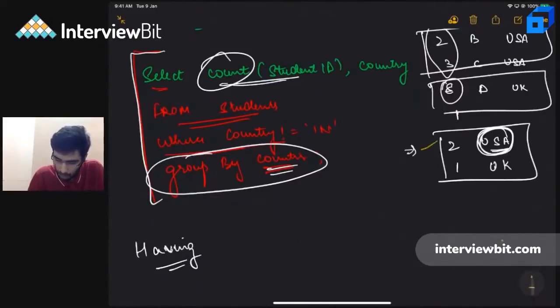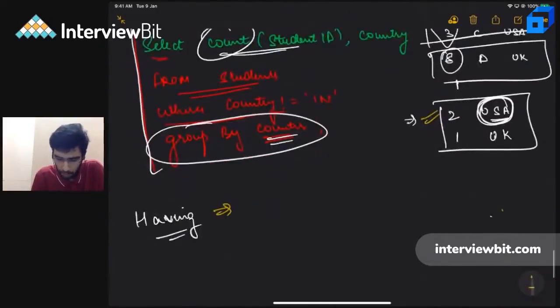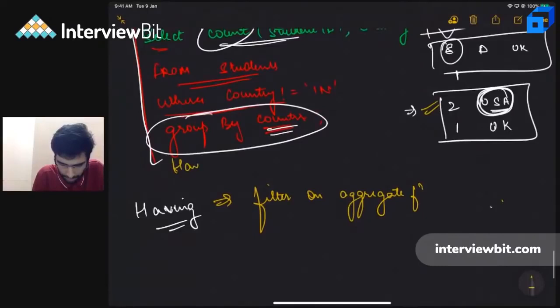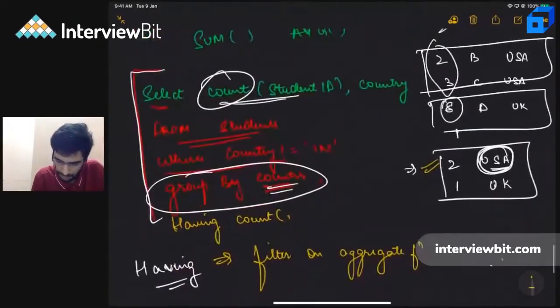So having allows you to filter on aggregate queries, filter on aggregate functions. So you can here write having count of student ID, or let us say ID, which is greater than 1.